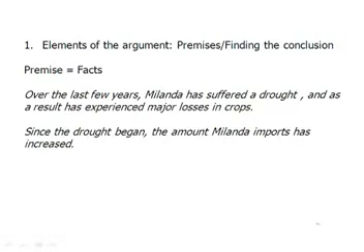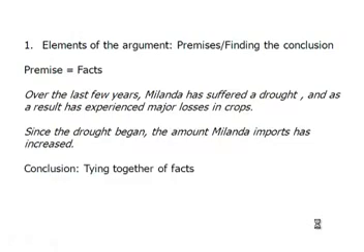Fact number 2. Now, the next part of the paragraph argument, some would say the most important part, is the conclusion. The conclusion is the tying together of facts. And it's not really that difficult to find it, because it usually, in fact, almost always comes at the end after the facts have been stated.